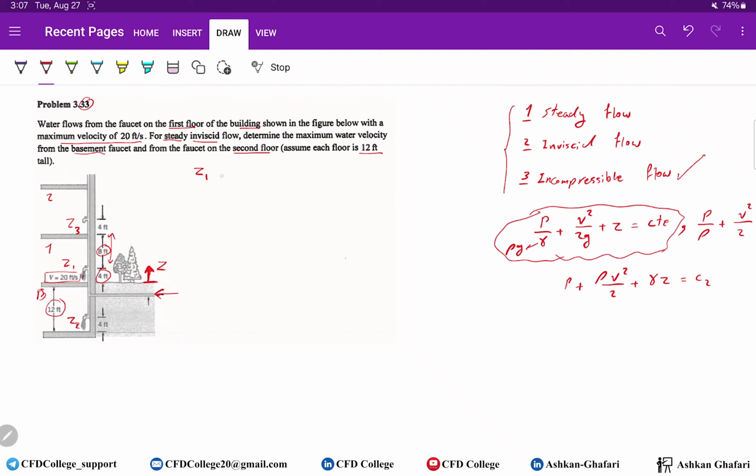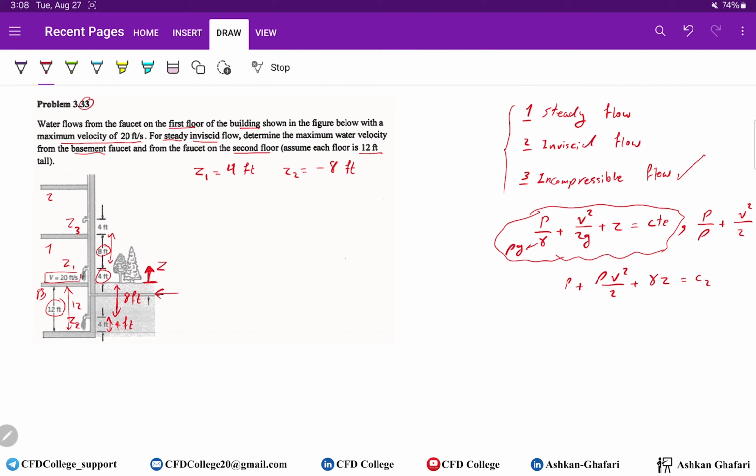So Z1 equals 4 feet, Z2 equals minus 8 feet. The total height is 12, and here we have 4 feet, so this height is 8 feet.